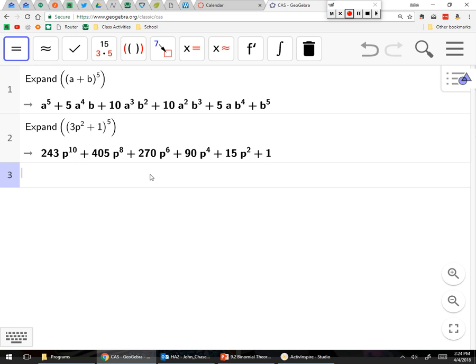So we got a 10th-degree polynomial, p to the 10th, p to the 8th, no odd powers of p. Okay. Anyone need any help explaining where one of these numbers comes from? You got powers of 3 times binomial coefficients all along the way, right?